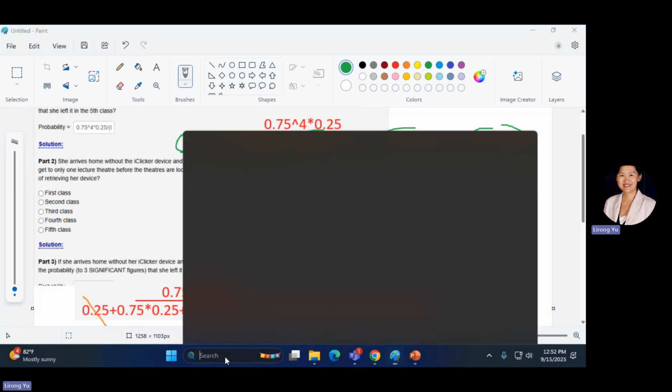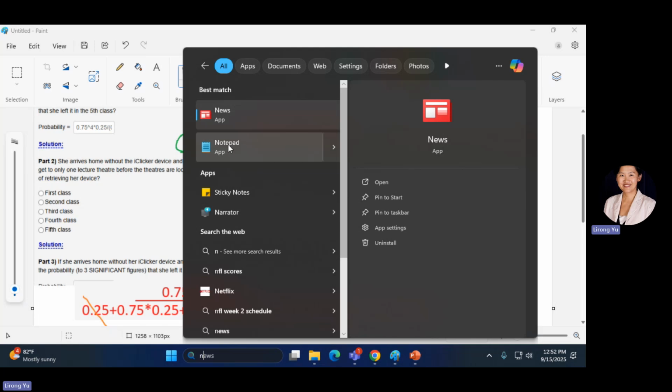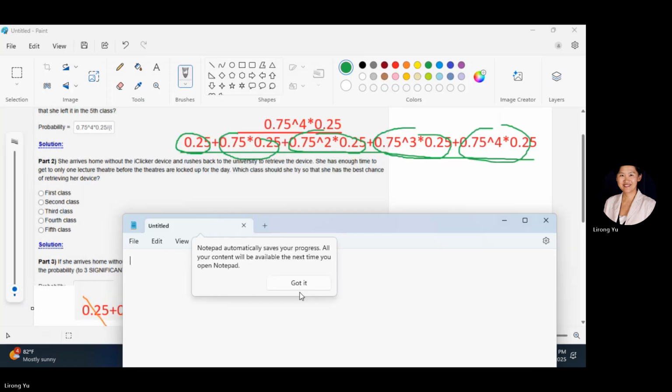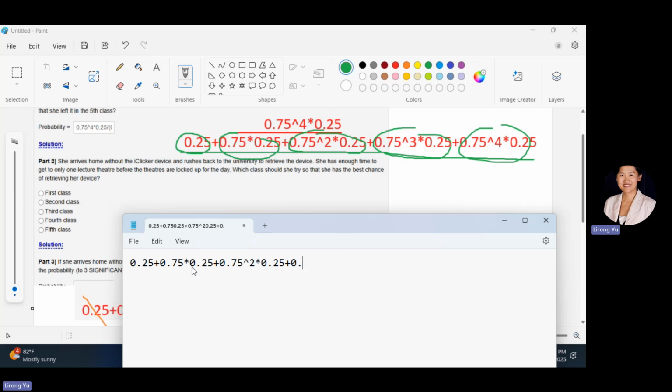Let me try to enter it. So 0.25. Let's try to make it larger. Left in the first classroom. Left in the second classroom. Third classroom. Times 0.25 left in the fourth classroom.